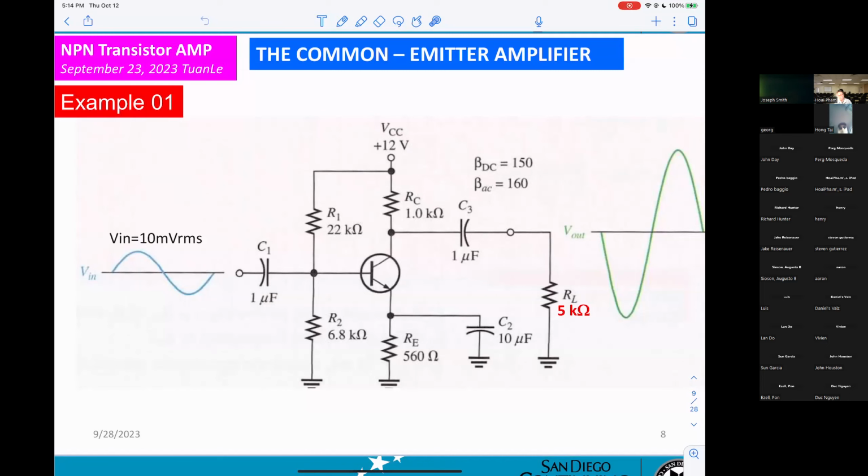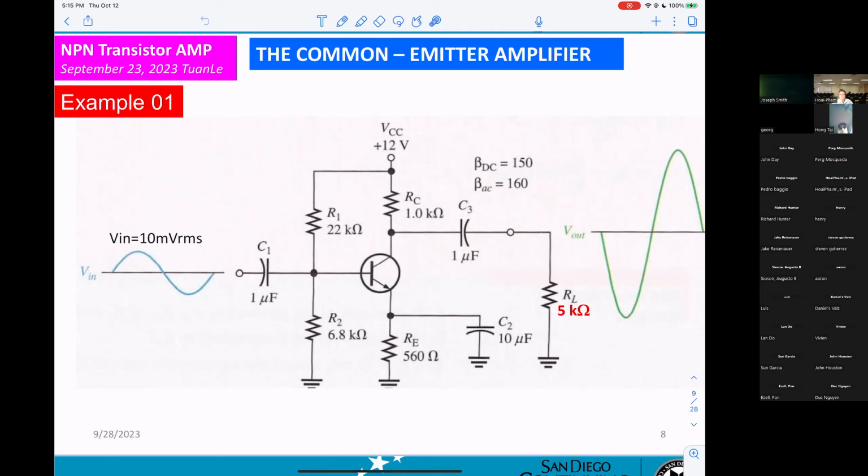So what I would like you to do, when you see the circuitry, is recognize whether it is a common emitter, common base or common collector. This is a bipolar transistor. How do we recognize a common emitter? Easy to do. Make sure the input is applied to the base and the output is from the collector.